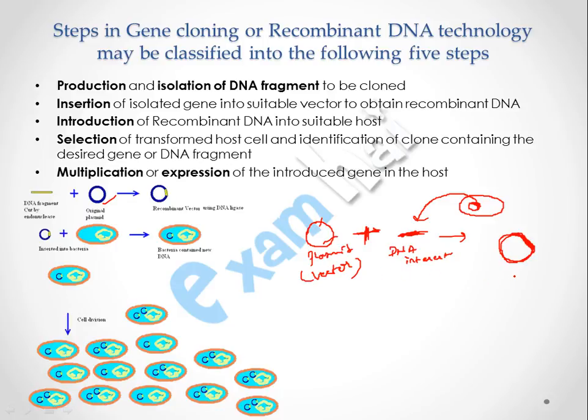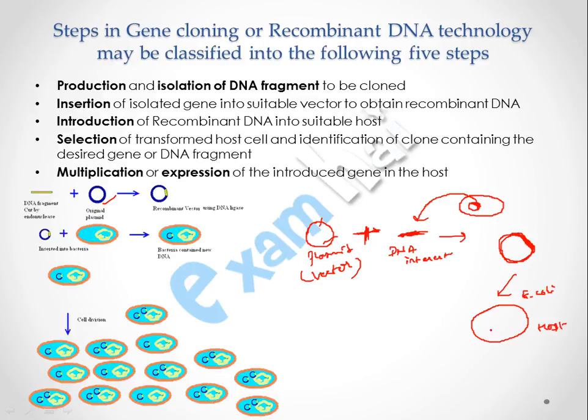After that, this whole plasmid is inserted into other bacteria, which is E. coli, and there are many strains of E. coli which are very useful in recombinant DNA technology, and now it will act as a host.